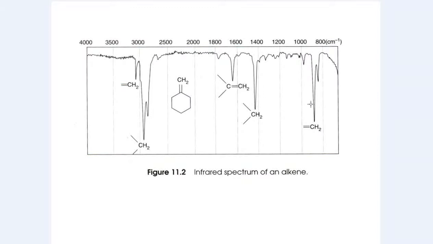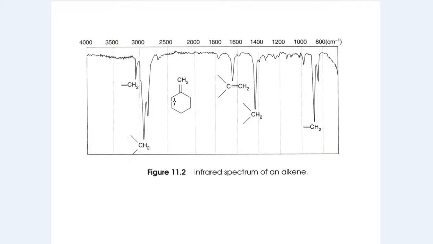Now the peak at the far right is a bending peak associated with the HCH structure, namely at the double bond. Its frequency has a bearing on the structural type of the alkene.